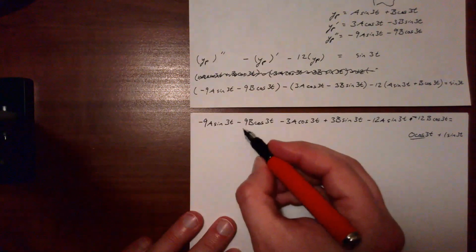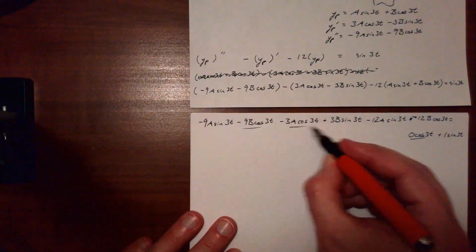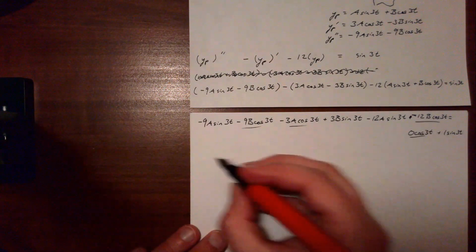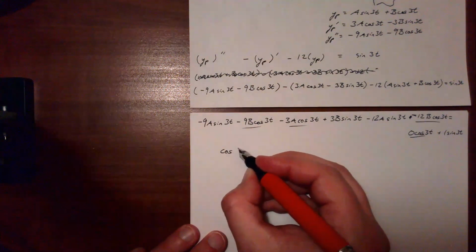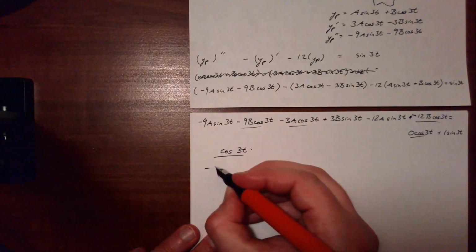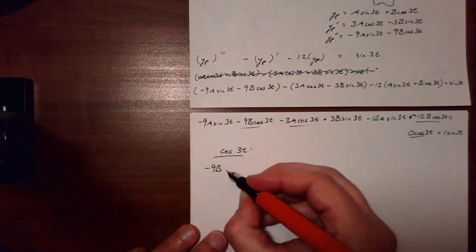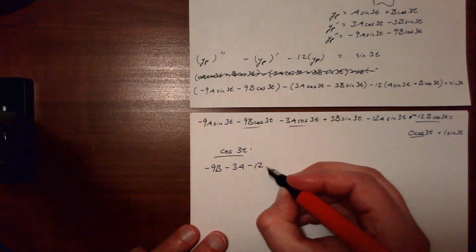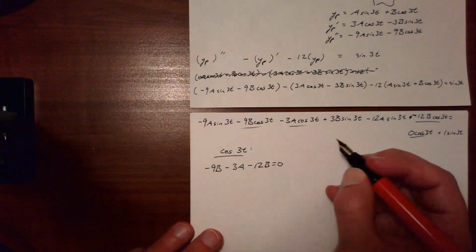Okay, so all the cosines here are just going to be equal to 0. So cosine 3t, I know that negative 9b minus 3a minus 12b equals 0.